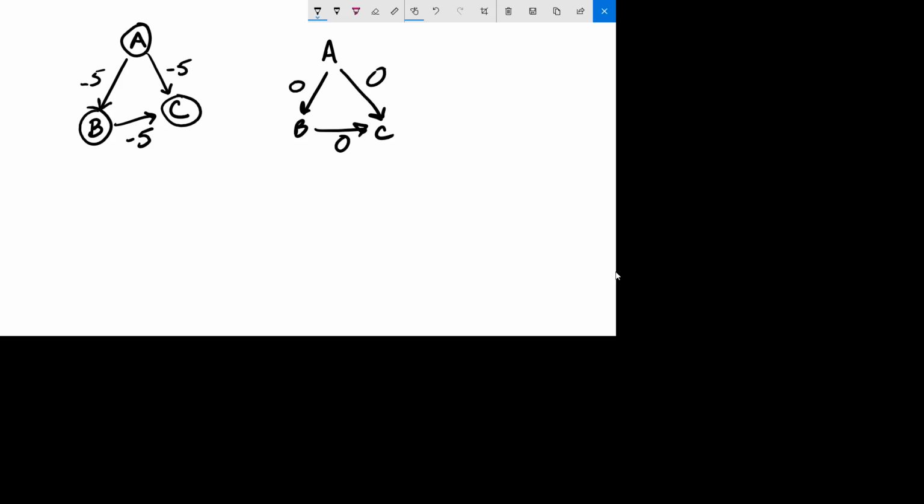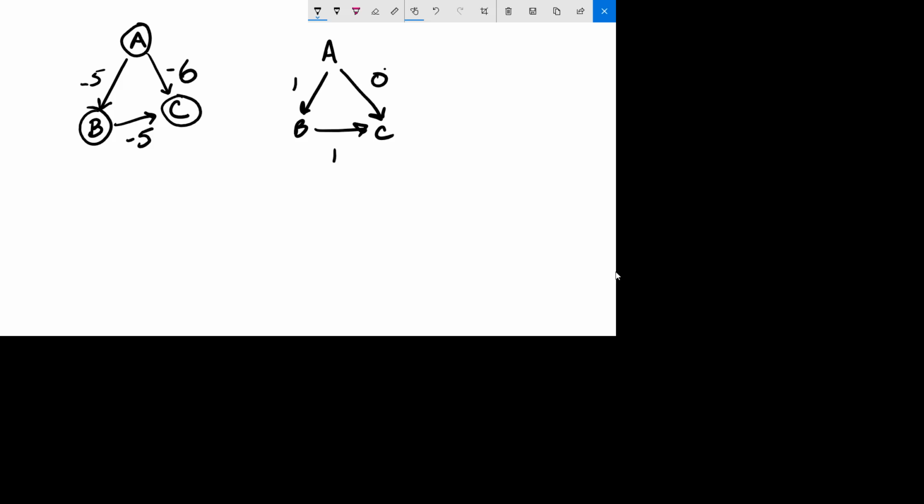Yeah? We just take A to C to be negative 6. Okay. Yep, I think that'll do it. So then what do we have to do? We have to add 6 to everything, so we get a 1, and a 0.